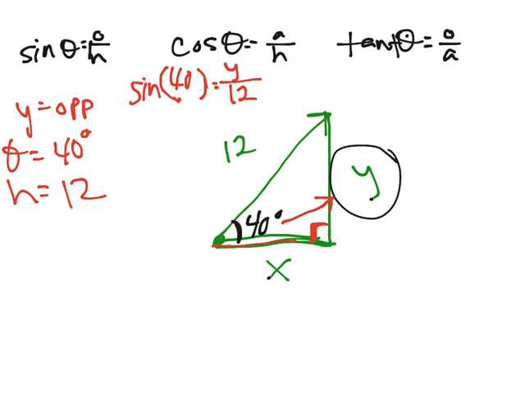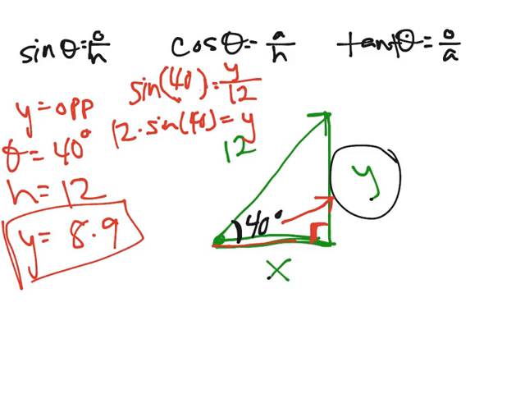You'd solve this by multiplying 12 by both sides. It'd be 12 times sine of 40 is equal to y. Plug it into your calculator, and you would get y to equal 8.9.